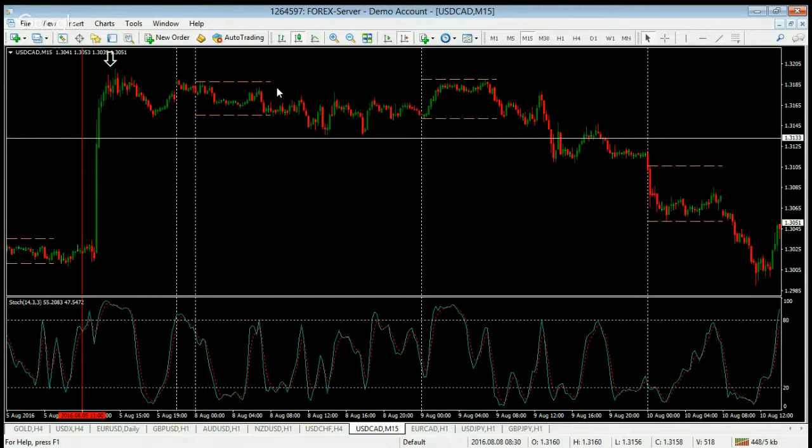It's not accurate like GMT, so you really have to blend with it. From 0 GMT to 5 GMT, you're going to see the Asian session typically consolidating.